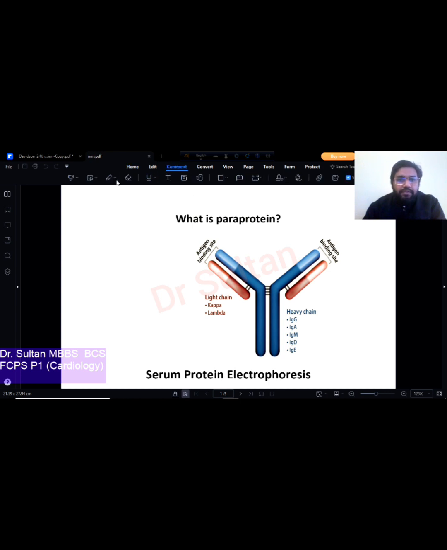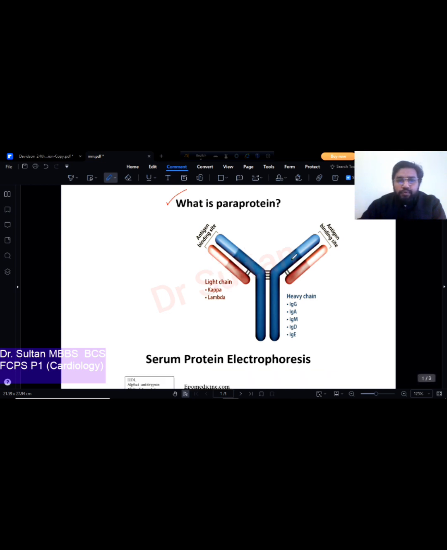So first of all, what is a paraprotein? The normal immunoglobulin has two light chains and two heavy chains, as you can see here. This is the two heavy chains and this is the two light chains.